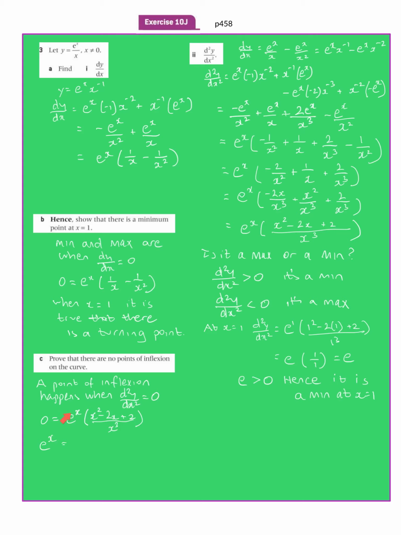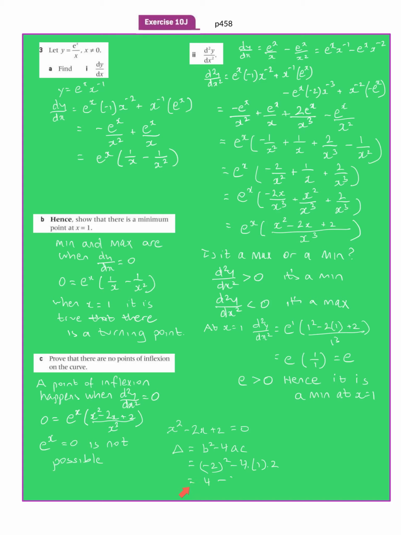Now, this never equals 0, as you know from the graph. You graph that, you'll see there's no x value for when that equals 0, so that's not possible. This top part here, if that equals 0, this would equal 0, so we use the discriminant, b squared minus 4ac, from the quadratic formula. That's underneath the square root sign, and that is a negative number.